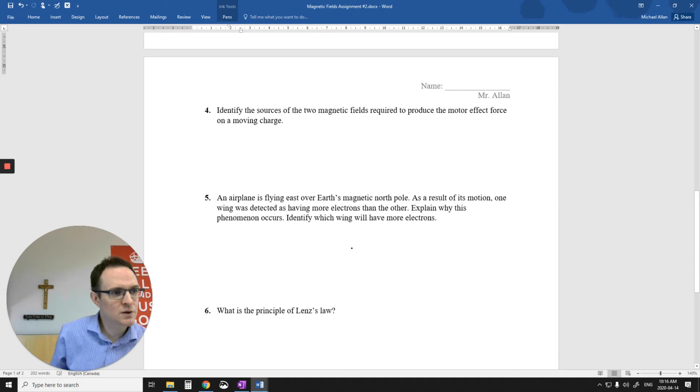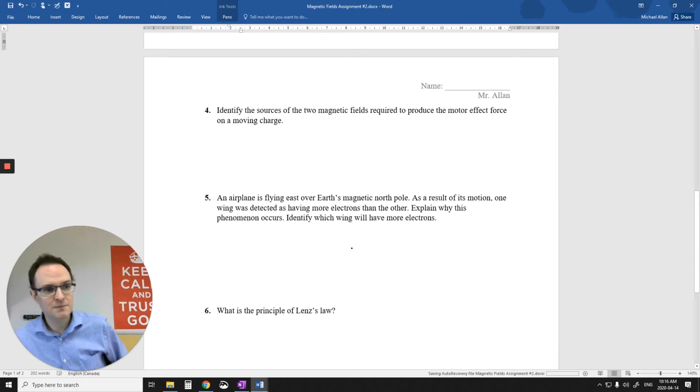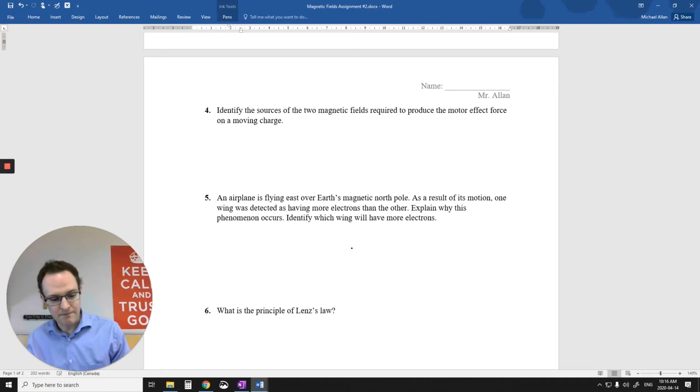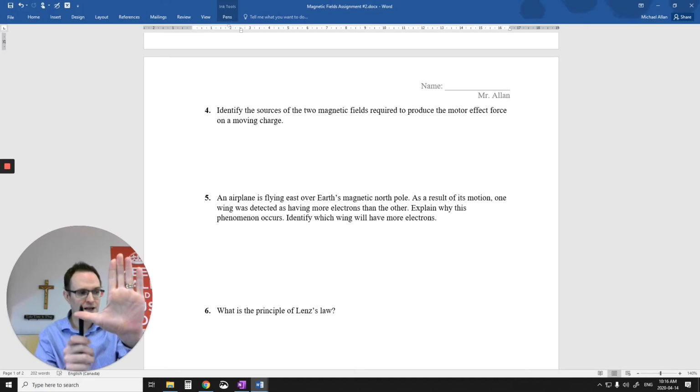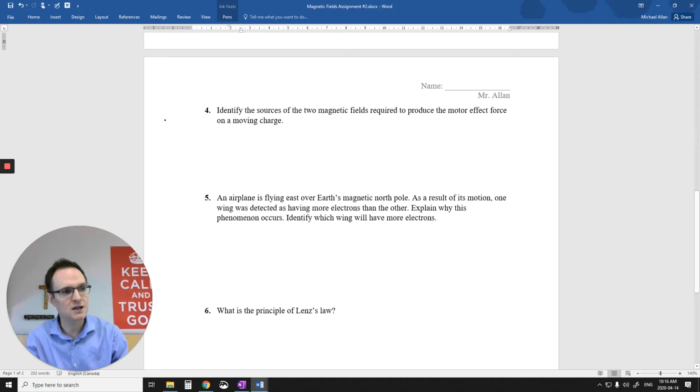The two sources of the magnetic fields required to produce a motor effect on a moving charge. A motor effect is this force, the force that we're talking about using my third hand rule. In your third hand rule, the fingers are an external magnetic field, and the other magnetic field is caused by the moving charge.